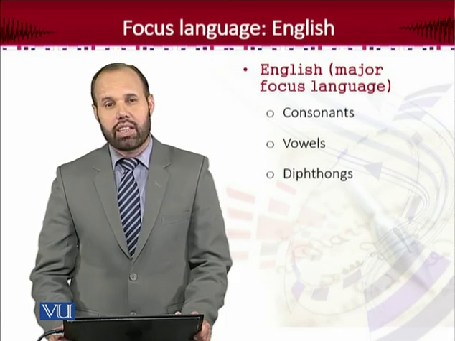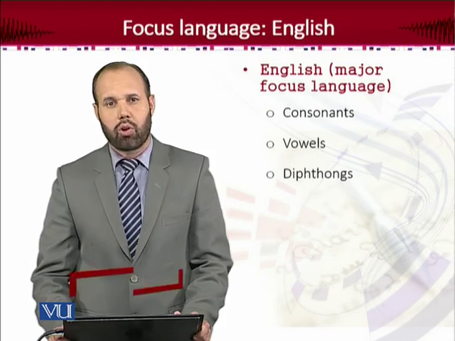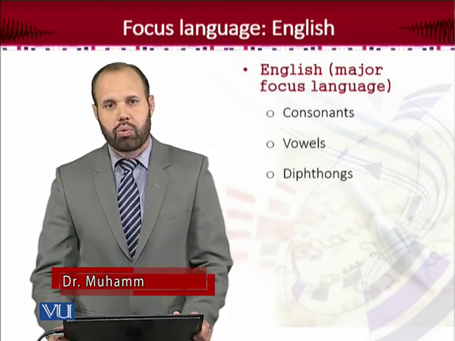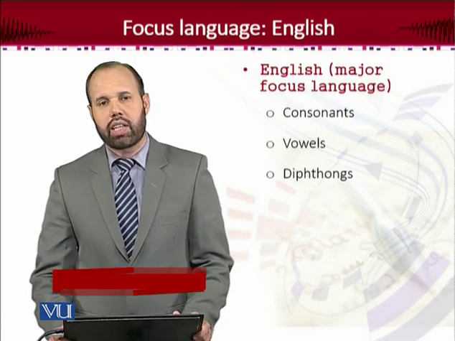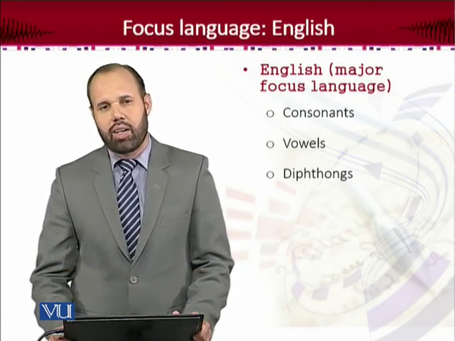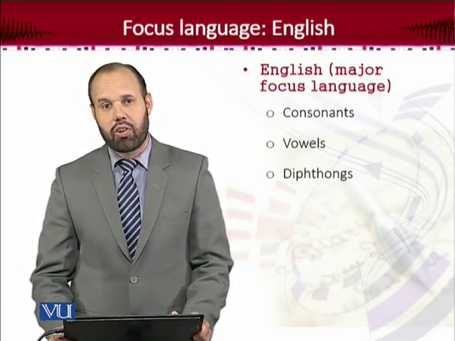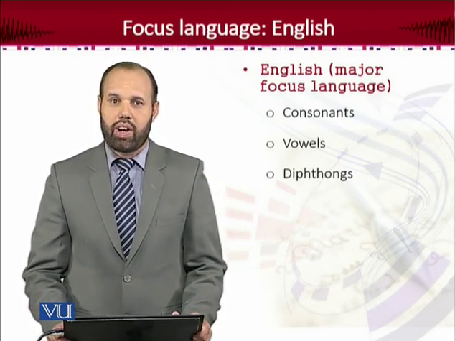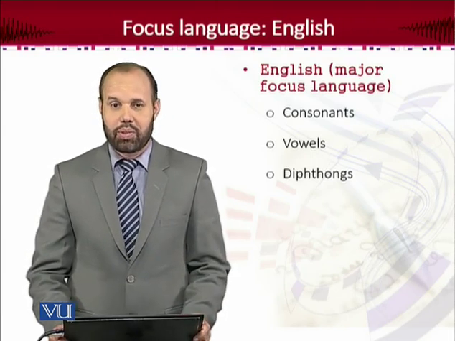The reason is that in order to create uniformity within this course, and then in order to just take examples from our course books, textbooks which are selected for this course, we need to know English sounds. And since English is the major language, it has been studied by various phoneticians and phonologists, and it has been discussed for a long time. So that's why it has been selected for this course, right?